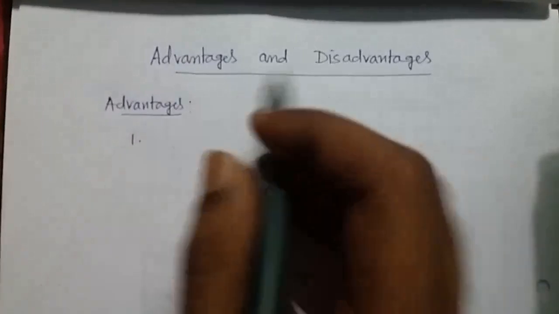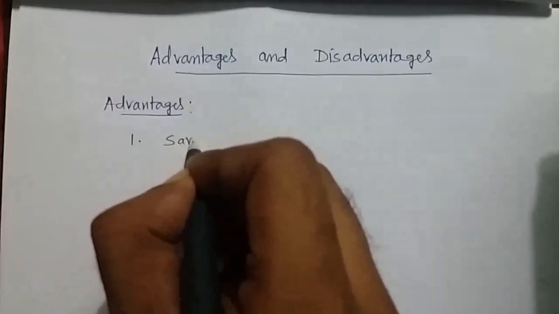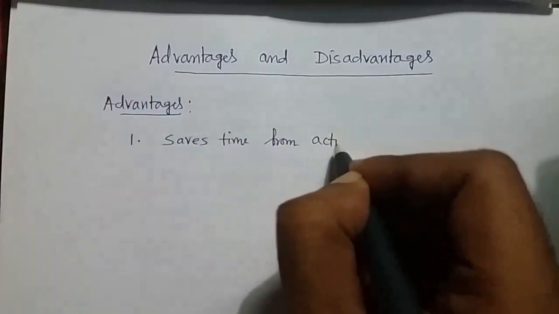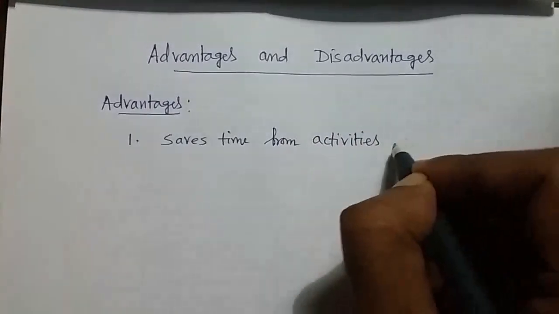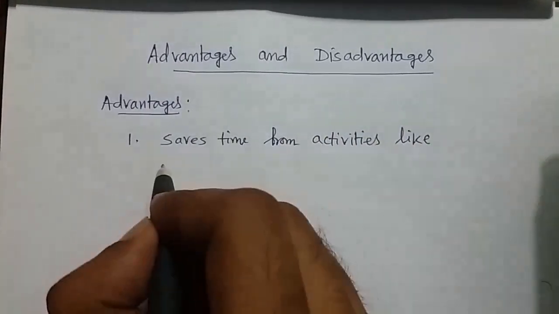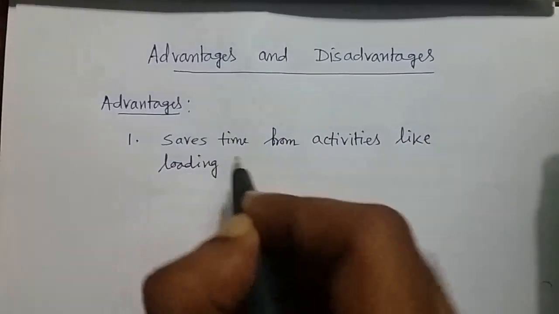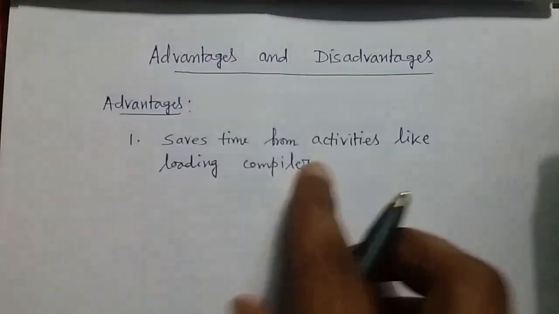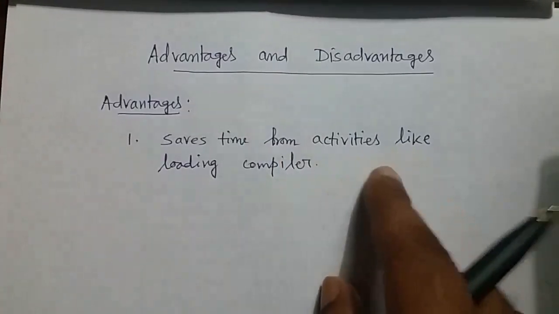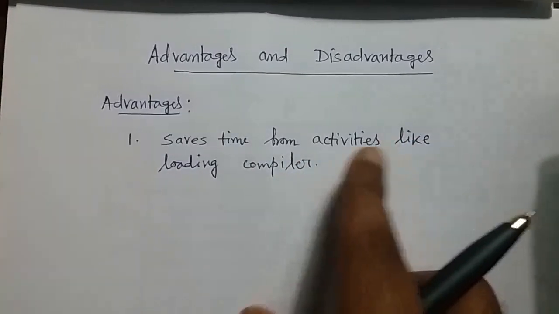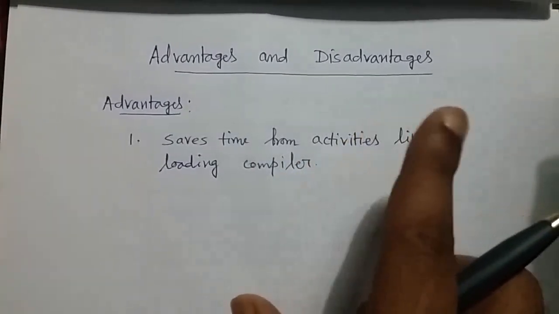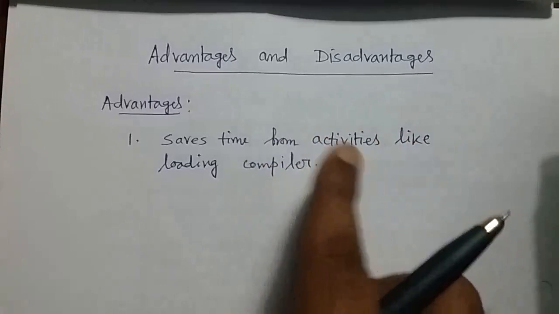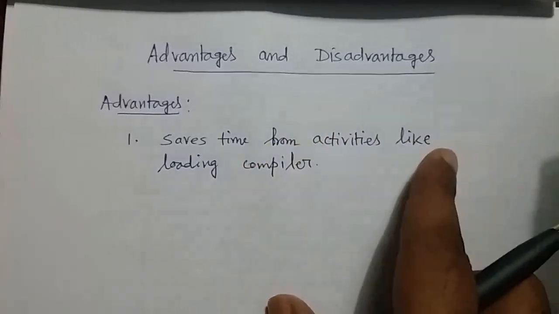Number 1, this processing system saves time from activities like loading the compiler, because the operator groups the jobs into the same batch which requires the same compiler. Okay, so in a batch, the jobs will require the same compiler. So different batch, different compiler.